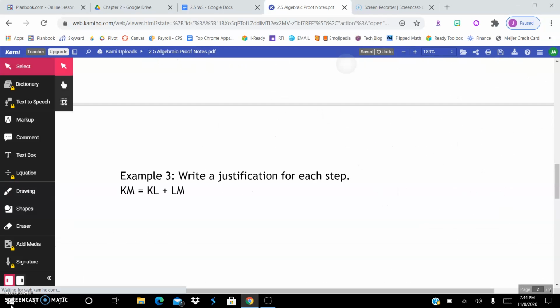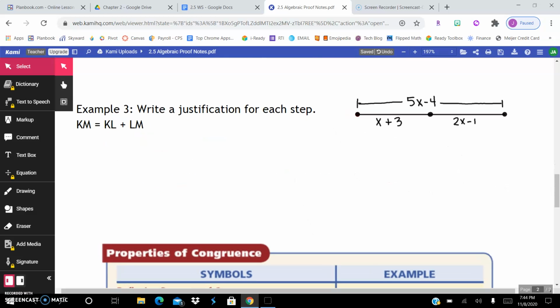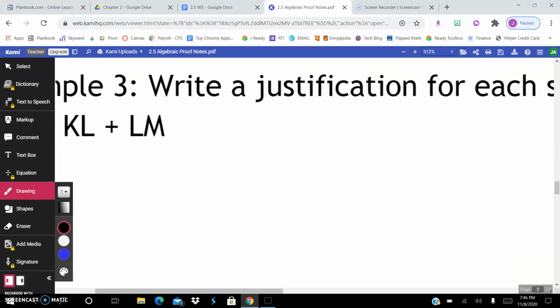Moving on, example 3, write a justification for each step. KM equals KL plus LM. And the proof for this, KM equals KL plus LM, is the segment addition postulate. That is something that we talked about in chapter 1.